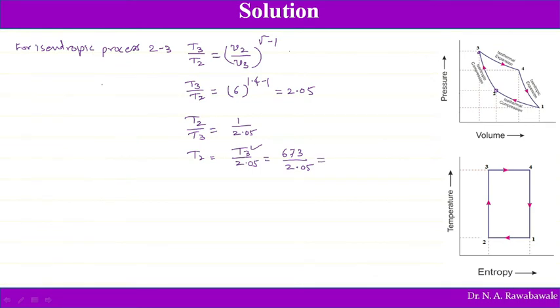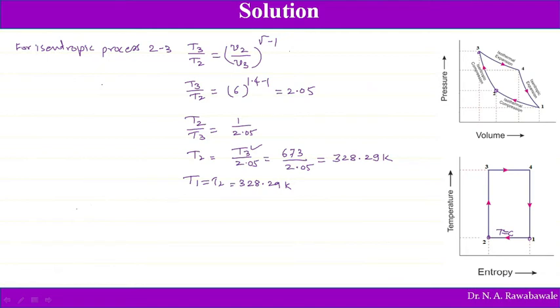So on simplification, temperature T2 we get as 328.29 Kelvin, and this is equal to T1. Temperature at point 1 is equal to temperature at point 2 because 1 to 2 is a constant temperature process. So T1 is equal to T2 is equal to 328.29 Kelvin.